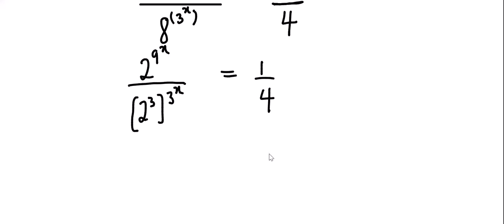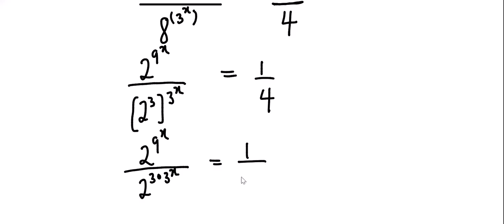From this, we have 2 to the power of 9 to the power of x divided by 2 to the power of 3 times 3 to the power of x equals 1 divided by 2 to the power of 2, which is equivalent to 4.